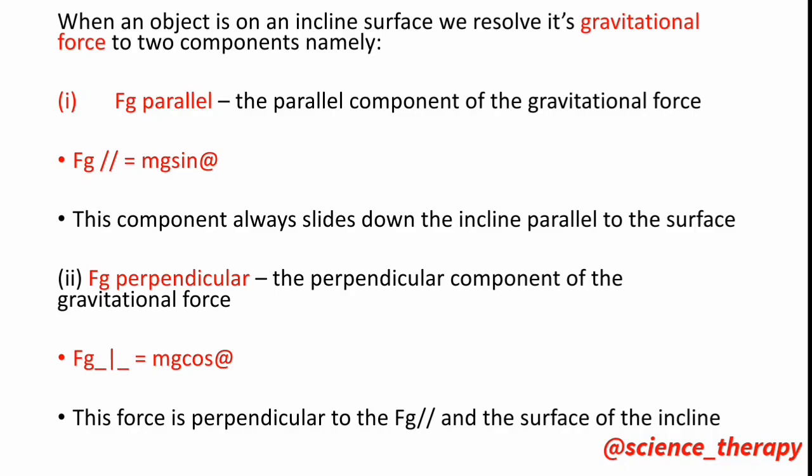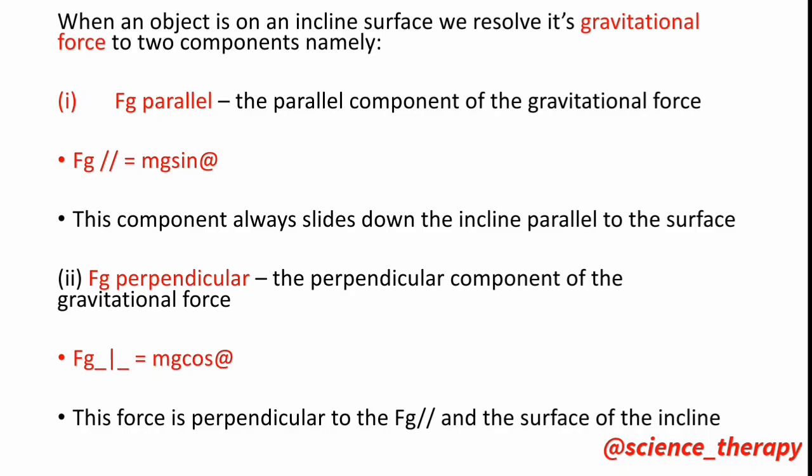Now the theta will be the angle that is formed by the incline. Now you must know one thing about the Fg parallel. We say this component always slides down the incline parallel to the surface.